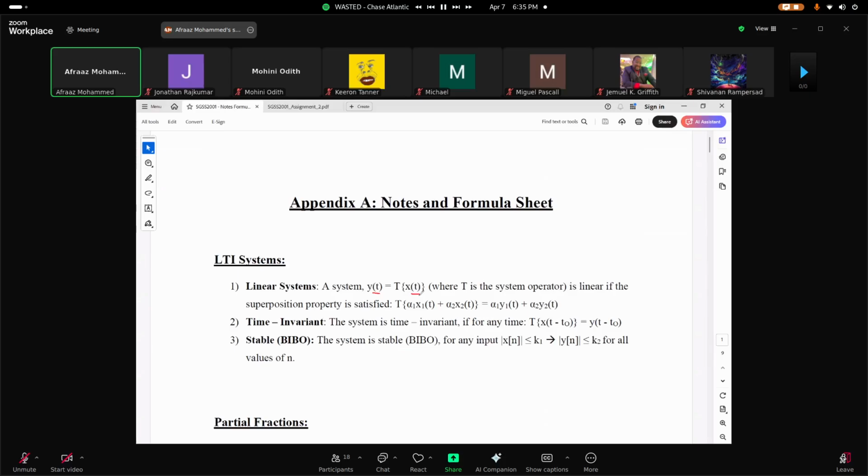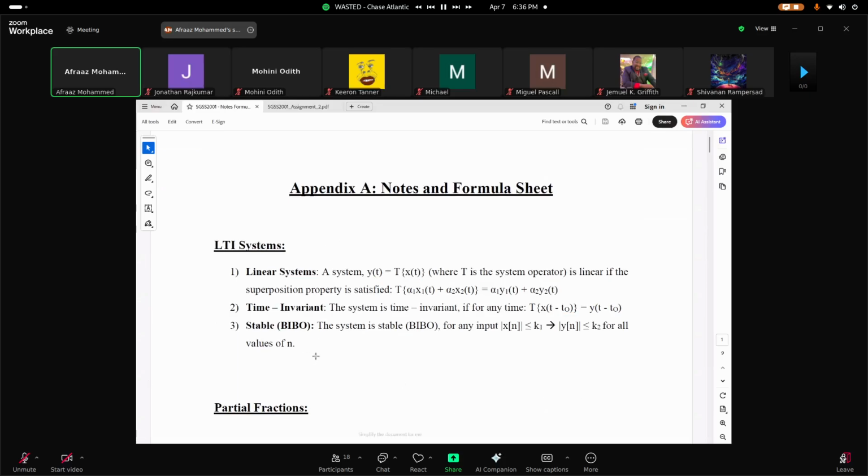So instead of y of t being T of x of t, you will put y of n being equal to T of x of n. So you just adjust it based on the question. For example, the stable one is in the format of a discrete time one. That's the one for LTI systems.